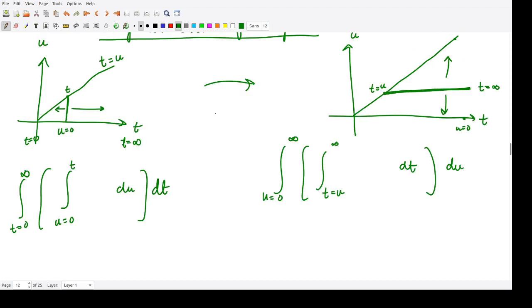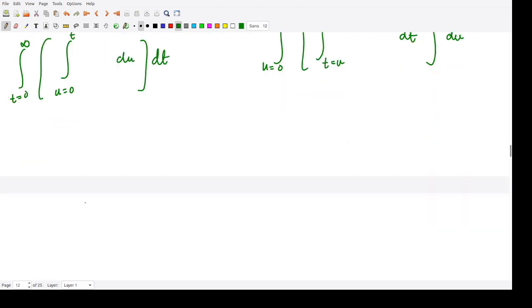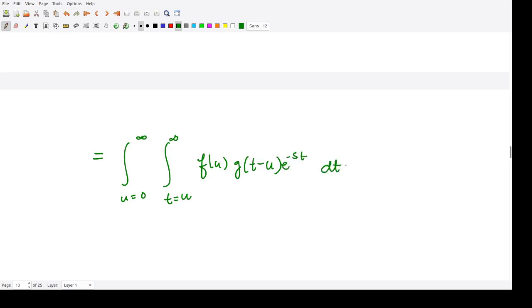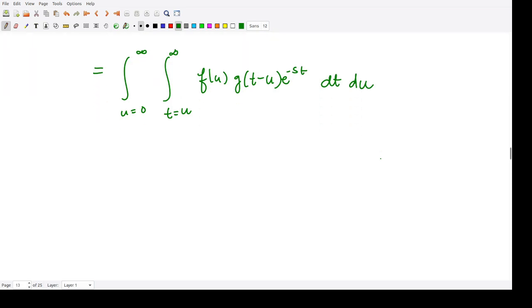Now we have converted this whole thing, so our limits change to the integration u varying from 0 to infinity, t varying from u to infinity, f of u g of t minus u e to the power minus st dt du. This is what we got after changing the order of integration.